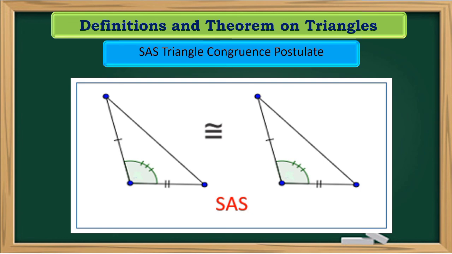So if two sides and the included angle of a triangle are congruent to the two sides and the included angle of another triangle, then the two triangles are congruent.